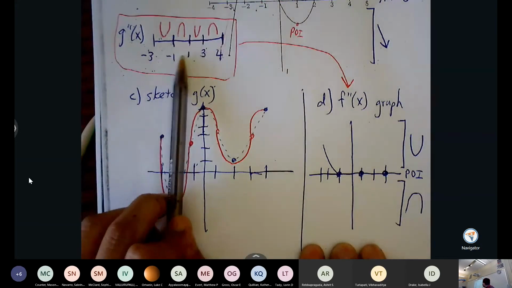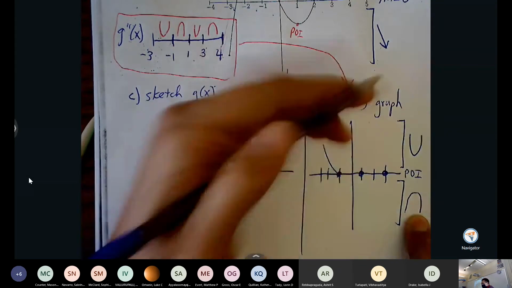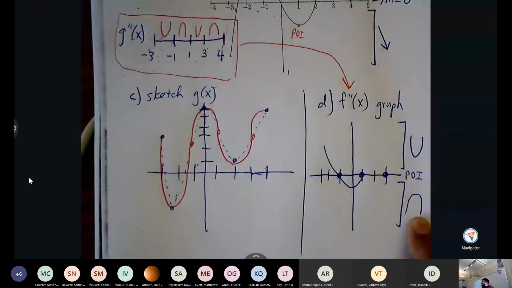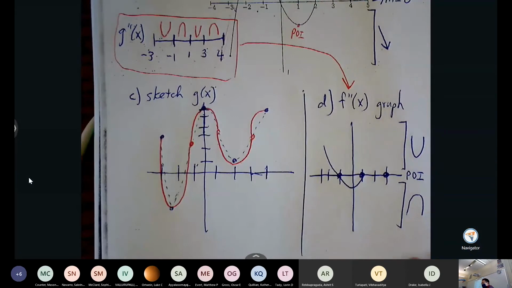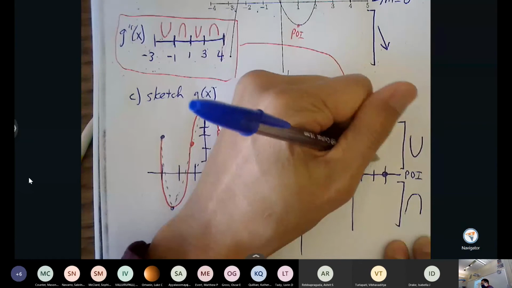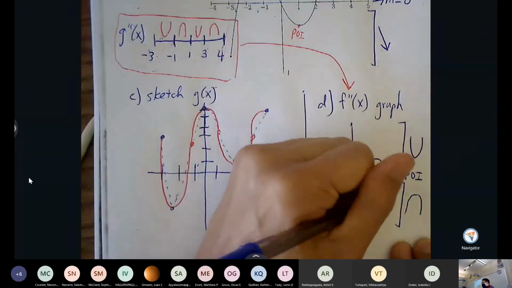From -1 to 1, concave down, it's going to have to reside in this region. So I'm going to make it go down, but it has to come back up at some point. From 1 to 3, above, but it's going to have to come back down. And finally, from 3 to 4, below.